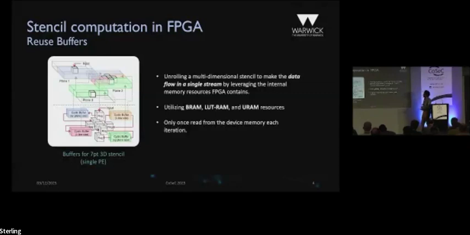So you use intermediate buffers inside the FPGA fabric to propagate this data properly, and you compute it without rereading from cache or near-chip memory like RAM.